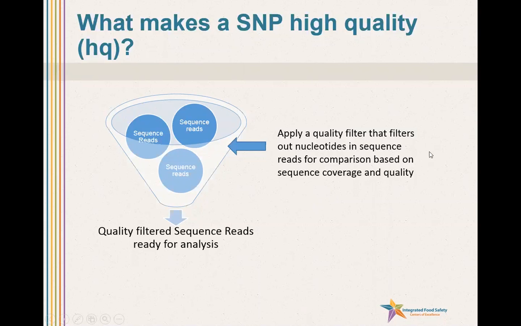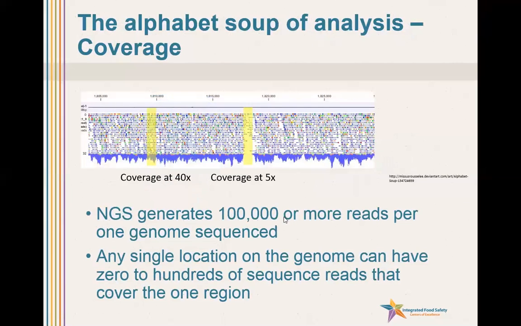So we take all the potential nucleotide differences and apply a quality filter to get the sequence reads that are ready for analysis. And we have more details on that in some of the modules that are available, as Genevieve mentioned earlier today, and I will not go into depth on these.